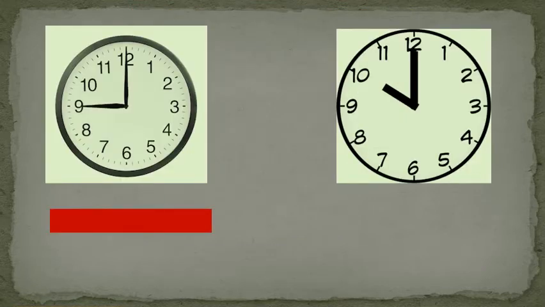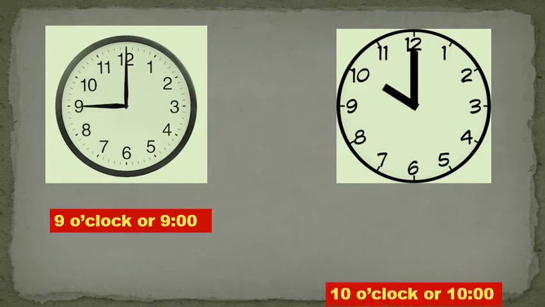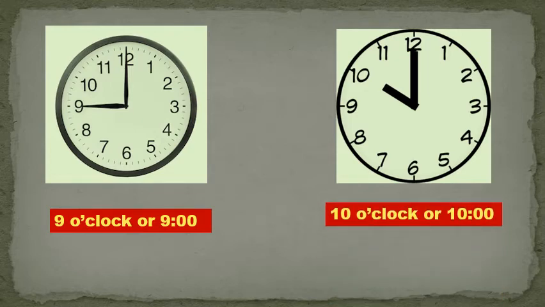Here in the first clock, the hour hand is at 9 and the minute hand is at 12. So the time is 9 o'clock. In the second picture, the hour hand is at 10 and the minute hand is at 12. So we can say that it is 10 o'clock.